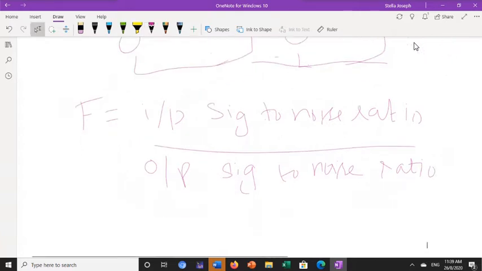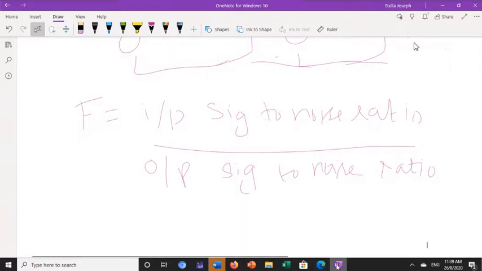Simple, right? We have studied what SNR is, PS divided by PN. So now the formula for noise factor is input signal to noise ratio divided by output signal to noise ratio.